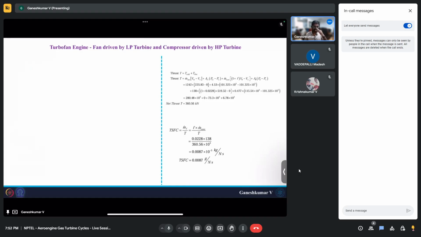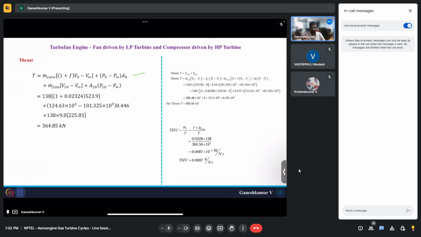Now the next is thrust. The equations are the same. You have two thrusts, one is the core thrust and the other is the bypass thrust. In the core thrust you have both momentum and pressure thrust. That's what you see in the first line, and then you have the bypass thrust also.